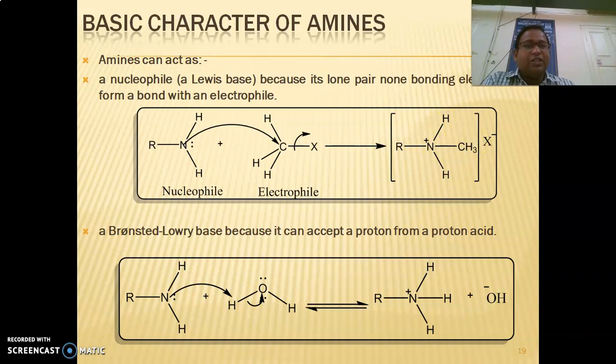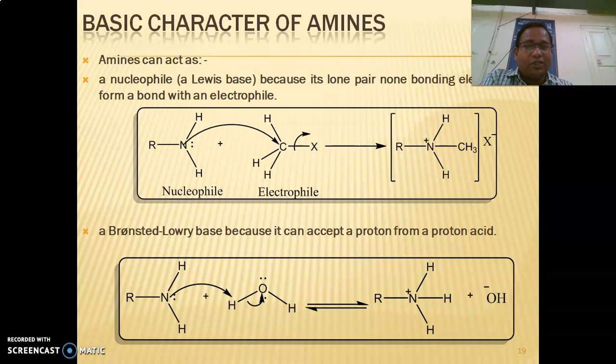This means that the compound or group of atoms which donates the pair of electrons to the electron deficiency center is said to be a base.